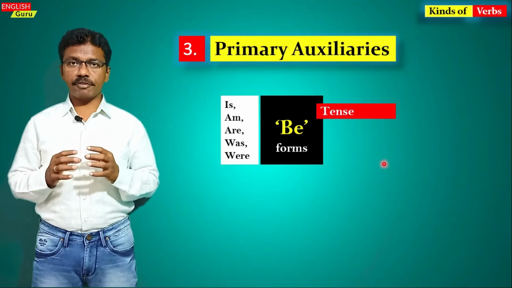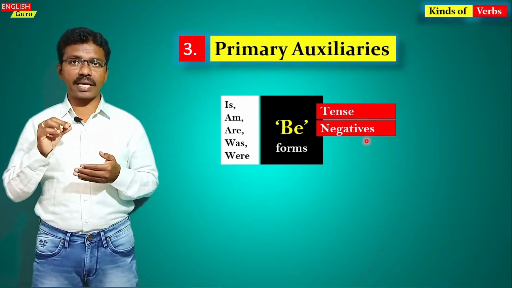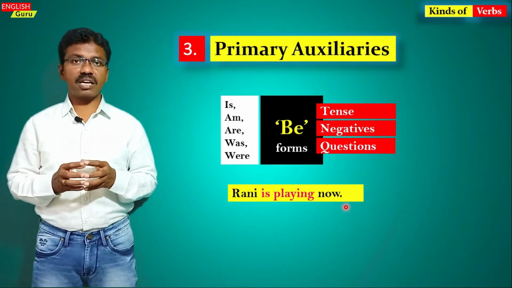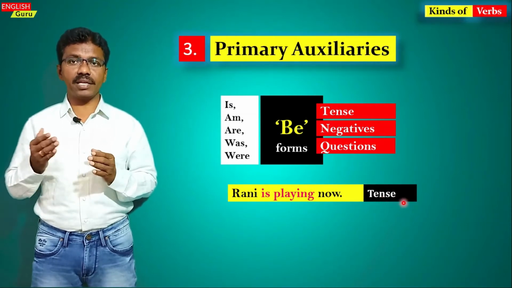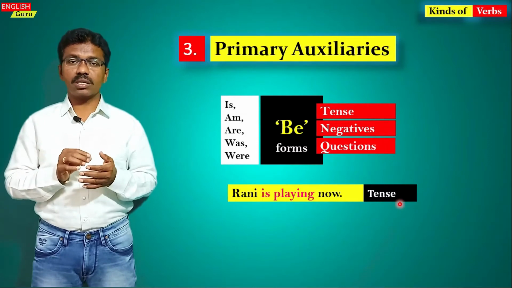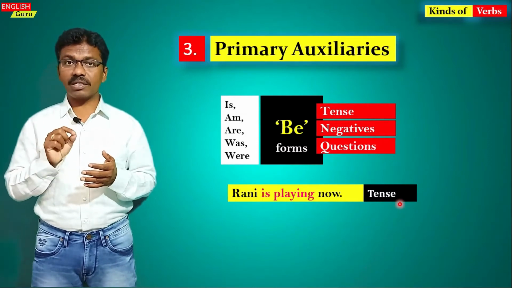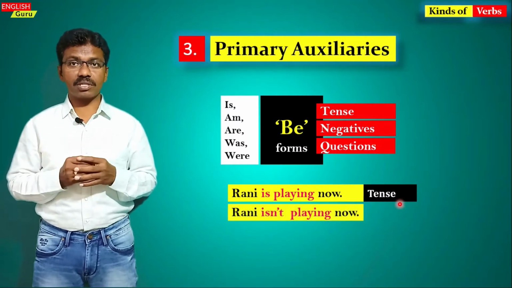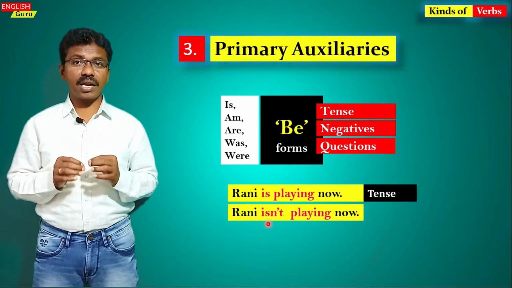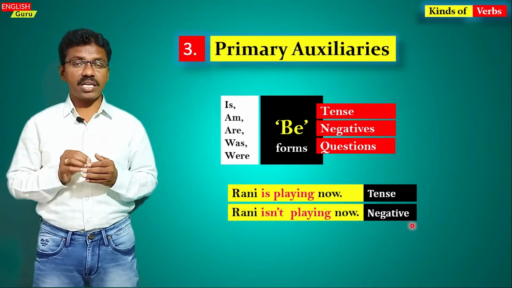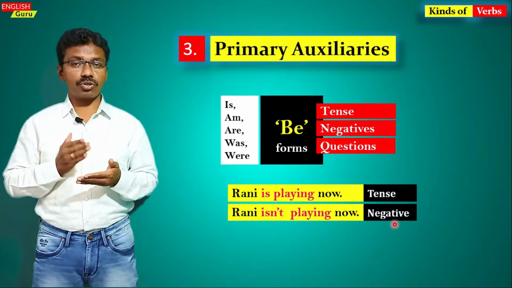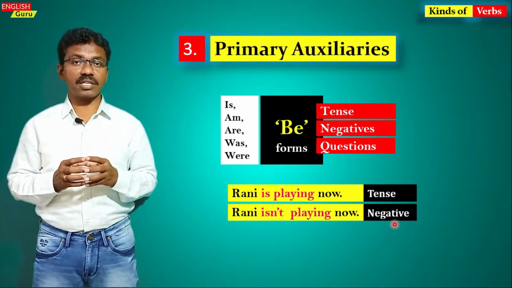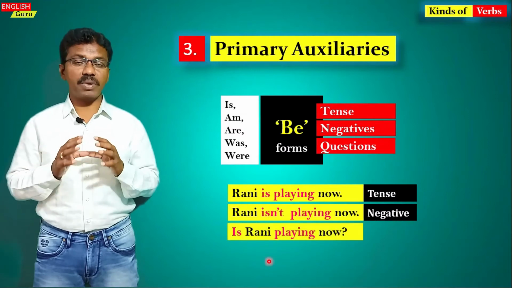If you take be forms, they are used to form tense, to form negatives, and to ask questions. For example, Rani is playing now, so is is denoting the tense of that particular sentence. Whereas if you say Rani is not playing now, is not means negative, so we can form the negative form of a sentence with the help of be forms.